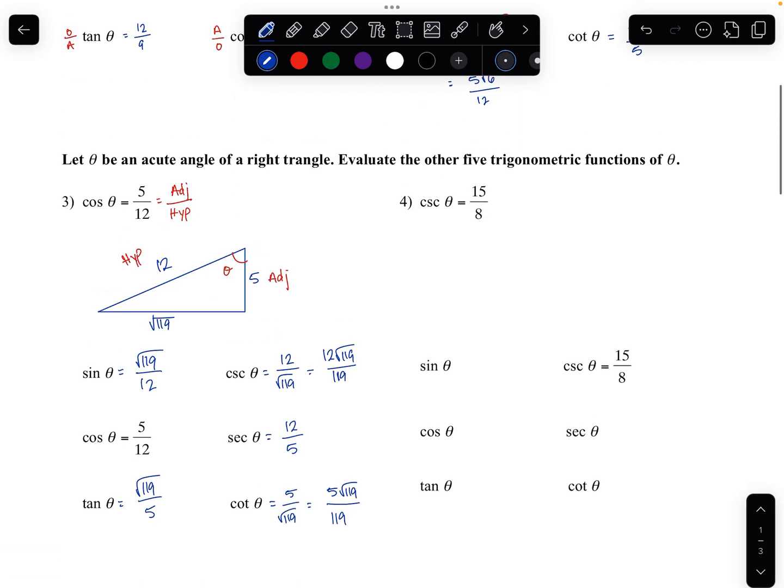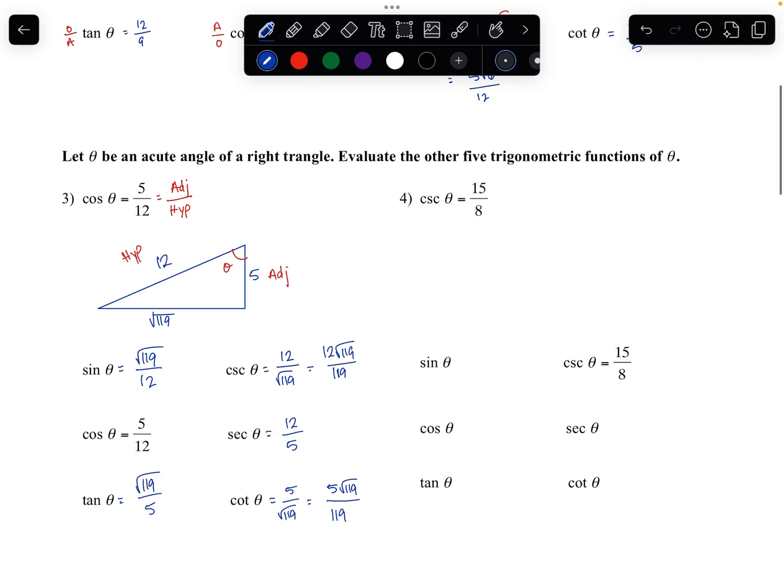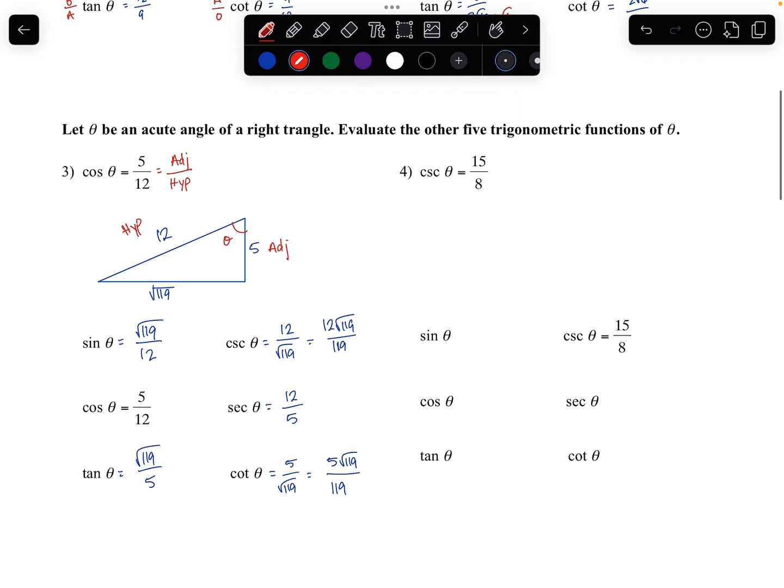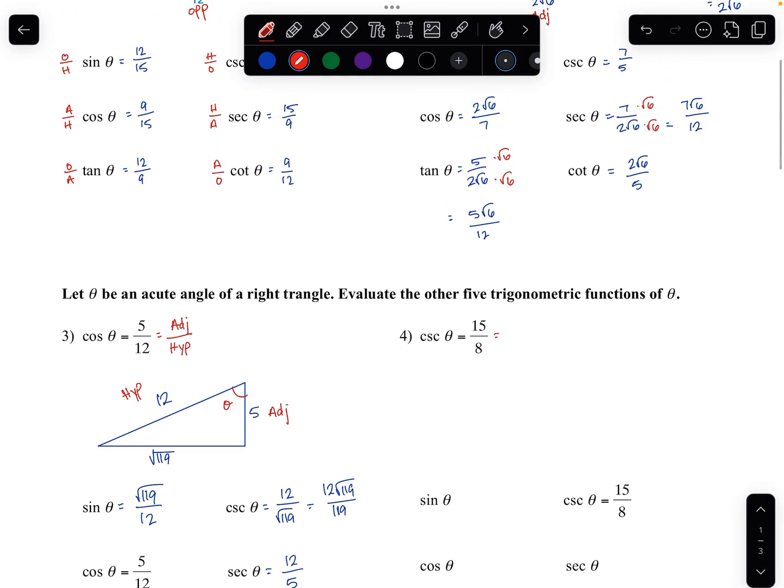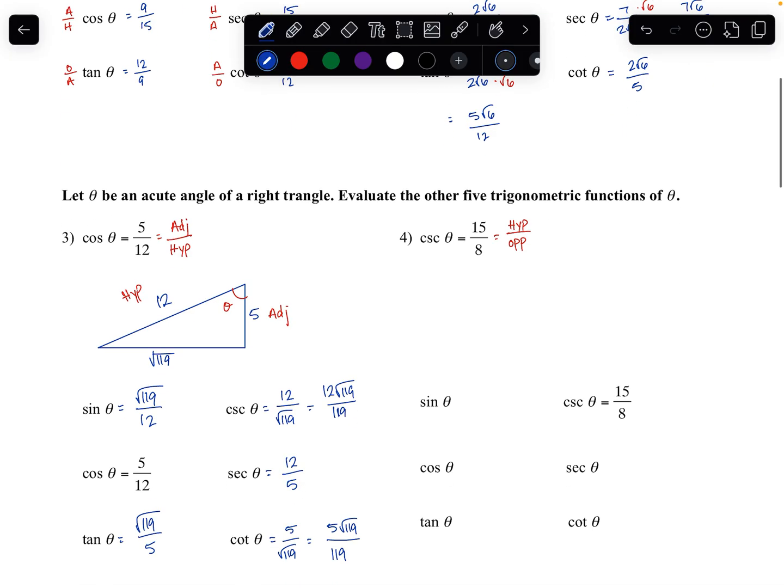All right, for cosecant, likewise, we're going to draw another triangle. Remember that cosecant is reciprocal to sine, so this is going to be the hypotenuse over the opposite side. So, I should have drawn it like this first.